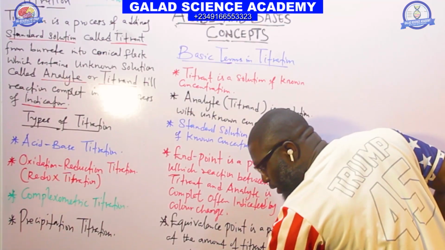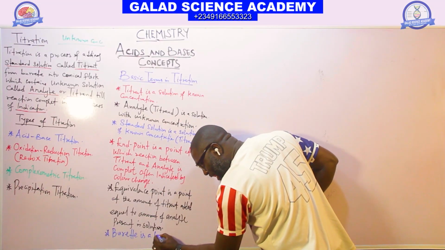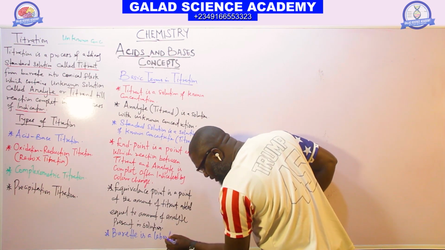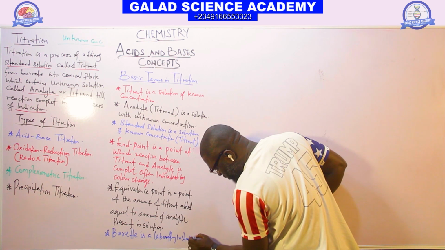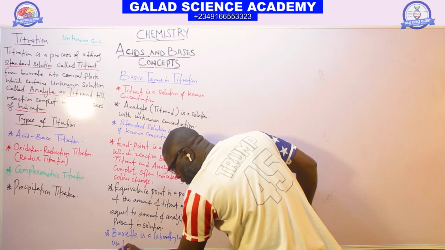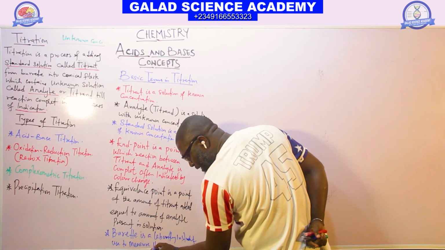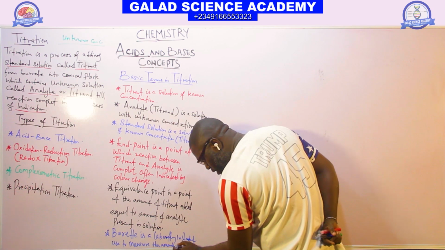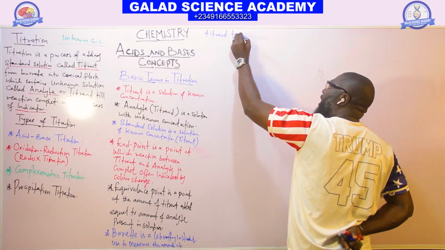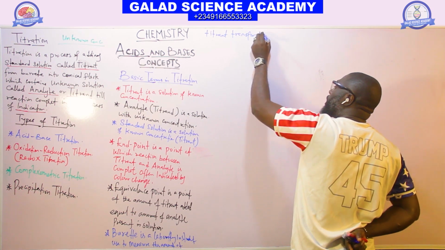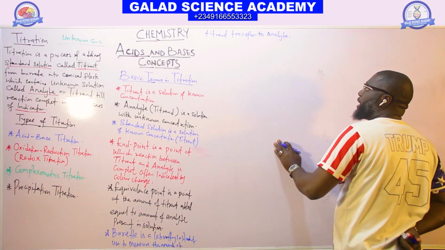The next one is burette. Burette is a laboratory instrument used to measure the amount of titrant transferred to the analyte in the conical flask.